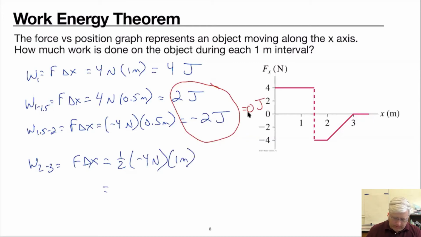So it's -2 joules done during that 2 to 3 meter interval. It's all moving in the same direction, along the positive x-axis, but we have some positive force and some negative force. So maybe one is pushing one way and the negative is pushing the other way, or pulling.